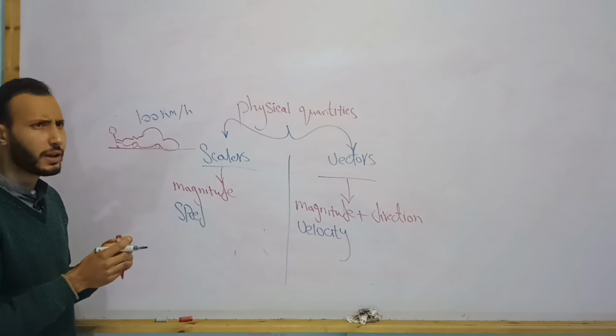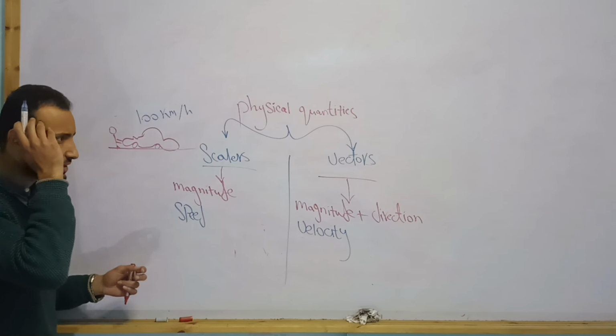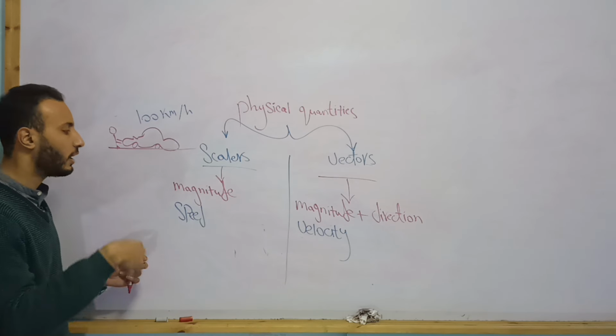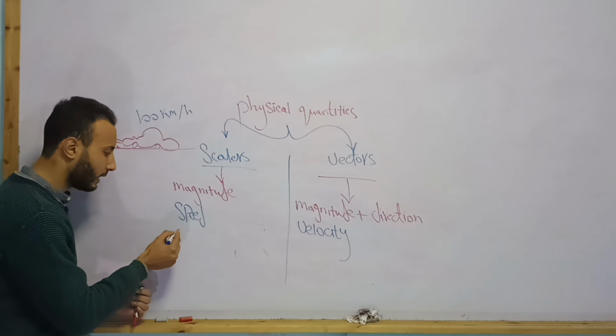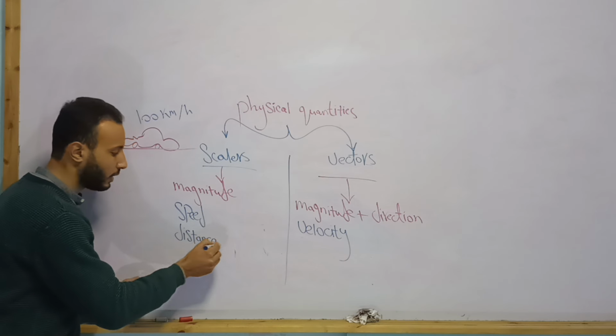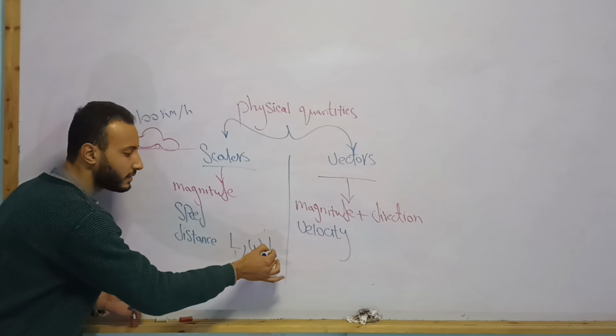Or we can also mention many other examples. Just think of anything where you don't mention its direction after you mention its magnitude, like distance, length, width, height.